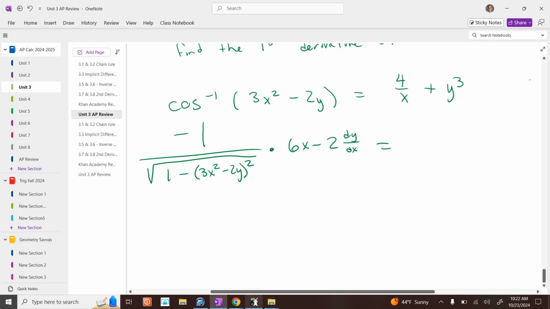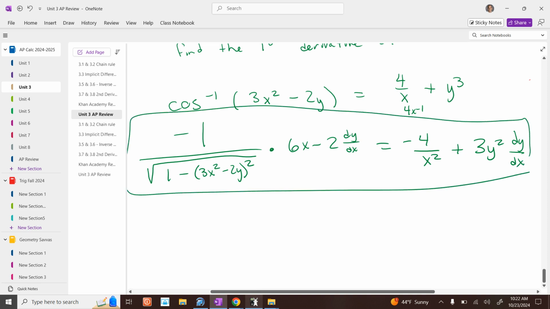Equals, what's the first derivative of 4 over x? Well, we can rewrite this as 4x to the negative first, right? Which is negative 4x to the negative second, or negative 4 over x squared, plus 3y squared dy dx. And we just stop right there. We don't want to try to solve for dy dx.